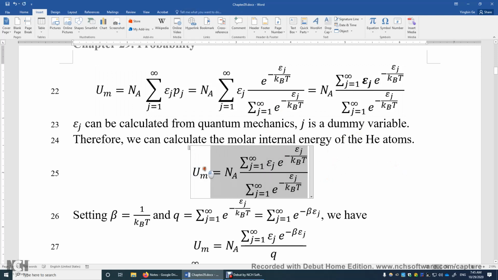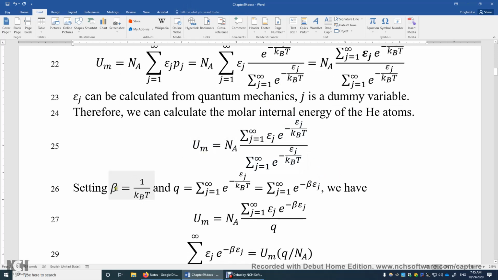We can simplify this expression by doing two things. First, we can set beta to be 1 over kBT. So that will simplify this epsilon j over kBT to epsilon j times beta. And also, we can define a new variable, q. We'll call this q partition function.